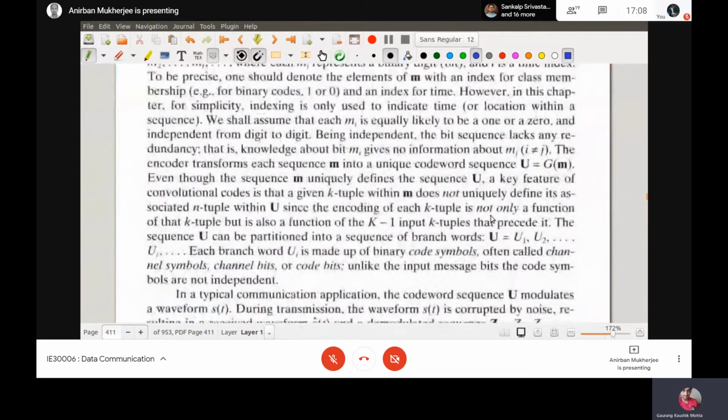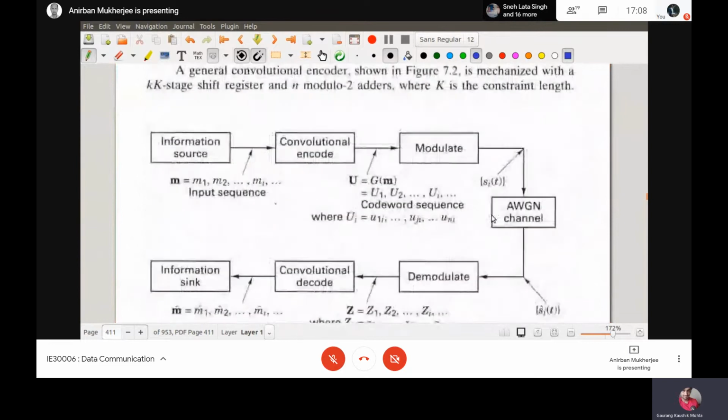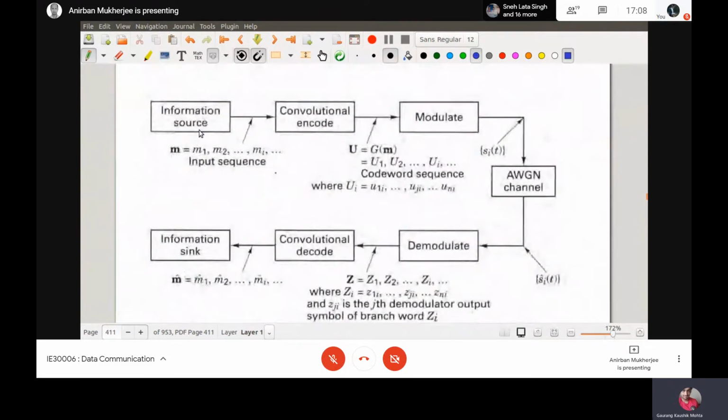Now the convolutional encoding, if I see that this is my information source, that is M1, M2, Mi, and finally after this, this code word sequence is called the code word, and this is called the message word. That's why it is M. Now this U is G of M actually.